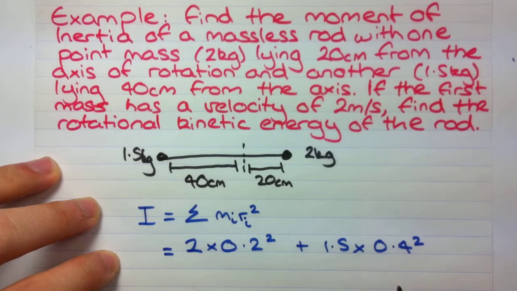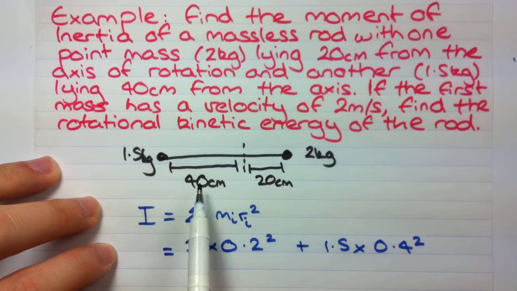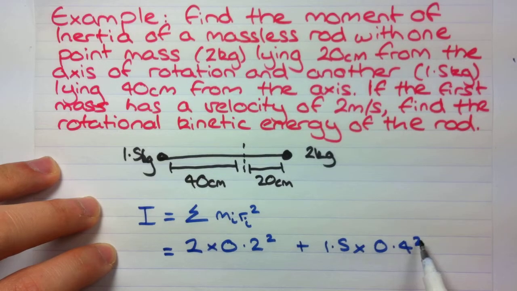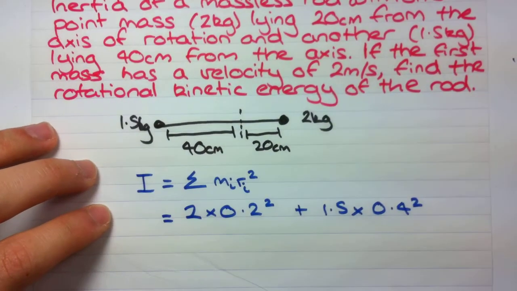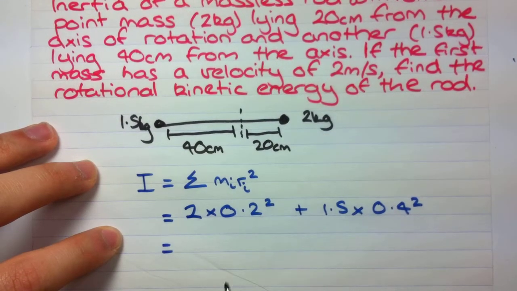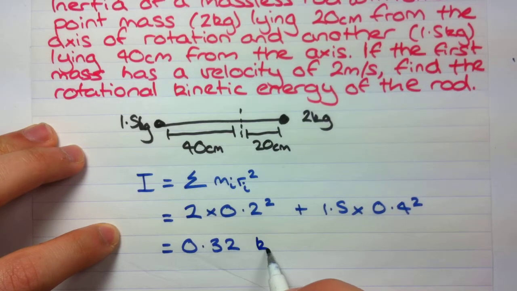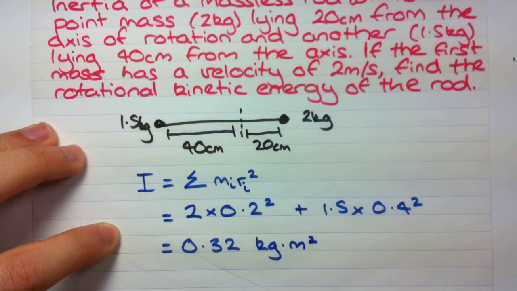It doesn't matter that they're in different directions from the axis; we don't need to treat one as negative because we're squaring them anyway. Put that into your calculator and you end up with the moment of inertia being 0.32 kilograms per meter squared.